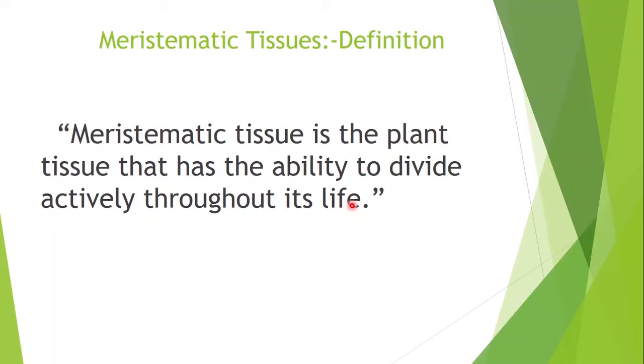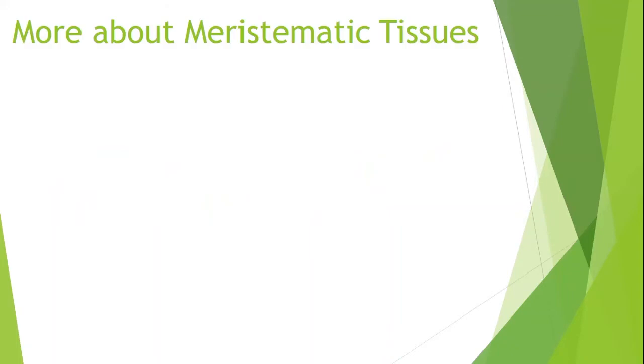In short, the group of cells that have the ability to divide are meristematic tissue. If you can write these three terms, ability to divide, that is satisfactory. Now we will know more about meristematic tissue.